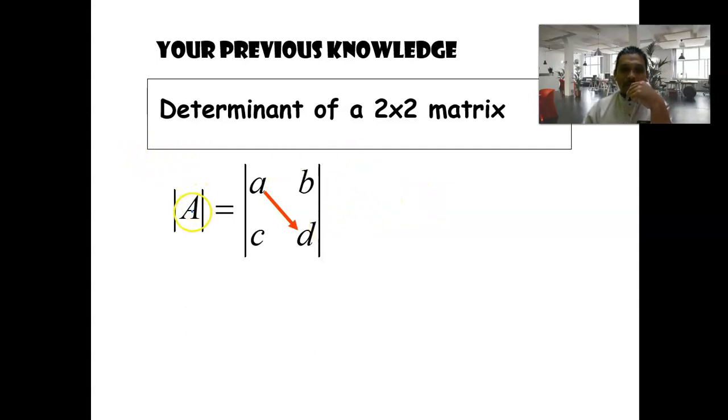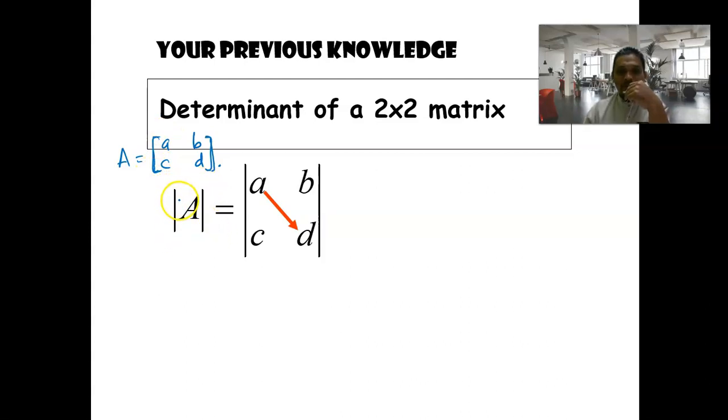Okay, for example, if this is a matrix A, we have a, b, c, and d. So the determinant of A equals ad minus bc. Look at this, it's a big square bracket, but this one has the shape of just a pole.